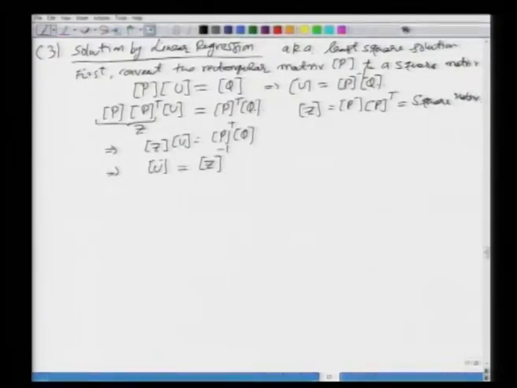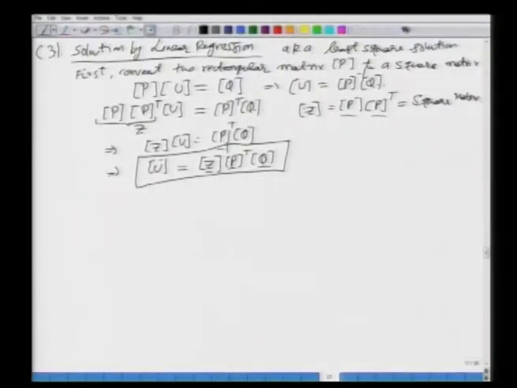You invert the Z matrix, all right, then you already have these things here. So, this is your solution in terms of U. Given the values of P and Q and the Z, which is defined like this, you can find out the U matrix, which is your unit hydrograph ordinates or a column matrix.